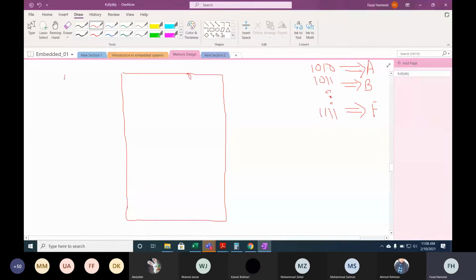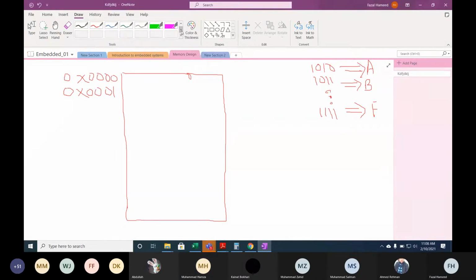So what is the minimum address? The minimum address is 0x0000. What is the next address? 0x0001.